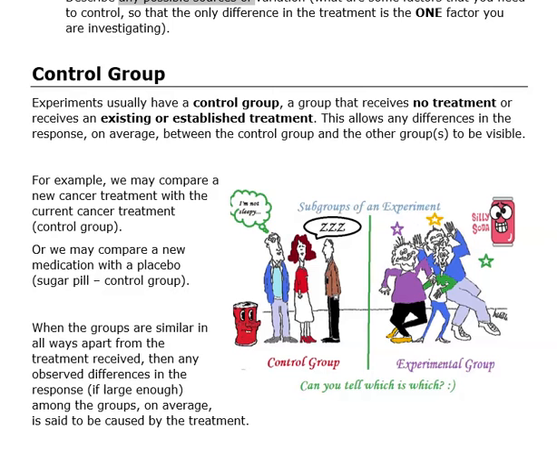I have to give them the current treatment regime for that particular cancer, so that is your control group, just receiving the standard of care, and the treatment group would be the ones that receive the new drug.